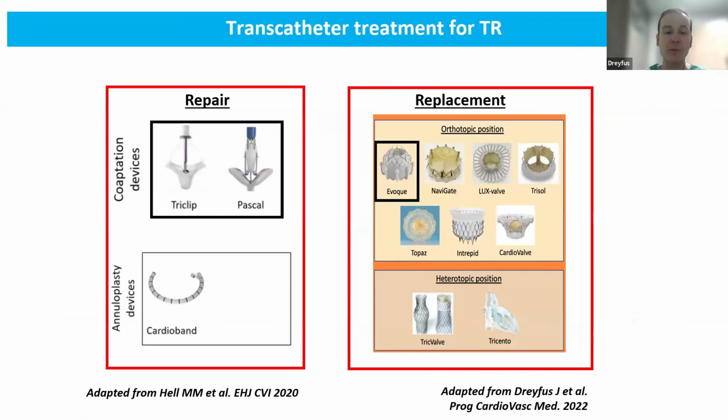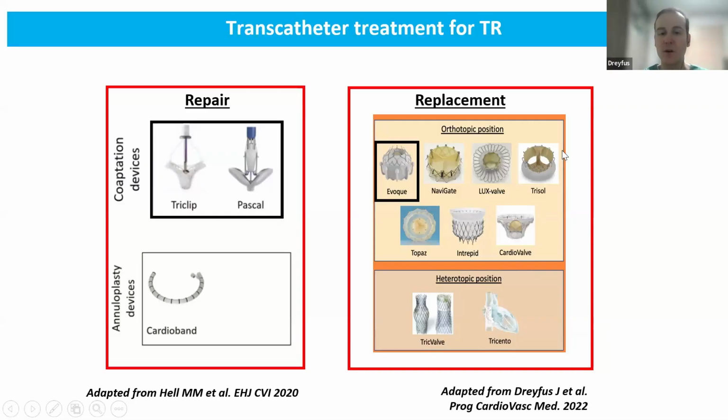We have several possibilities. The first one is repair, and the repair most used currently worldwide is the edge-to-edge repair with either the TriClip from Abbott or the Pascal from Edwards, which are both CE marked, FDA approved, and reimbursed in some countries. Regarding replacement, it may be orthotopic or heterotopic.